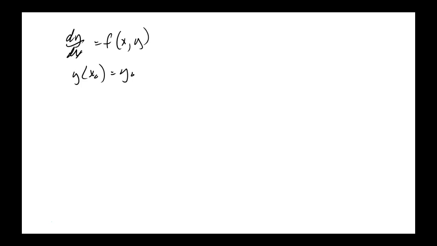Okay? Now, this next example they give, I think, leaves a little something to be desired, but let's do it. The second one is a second order differential equation. Okay?